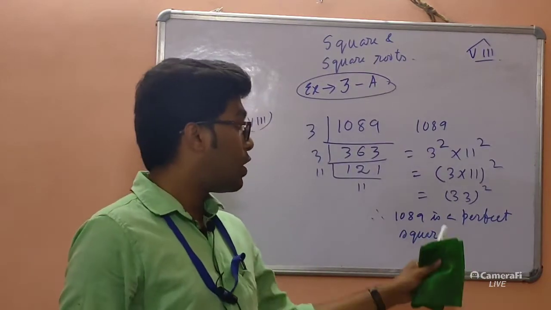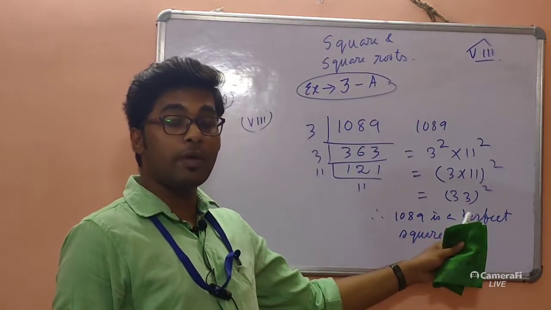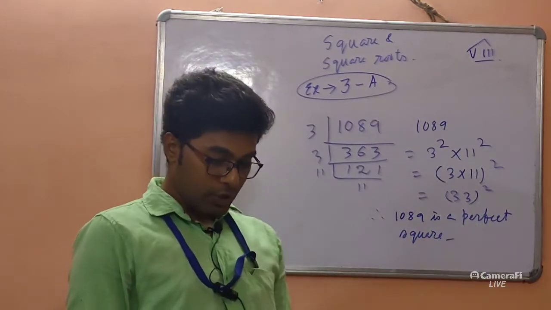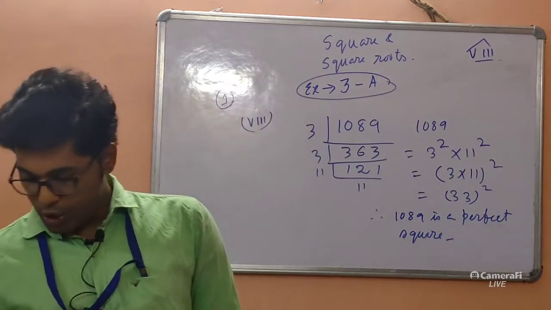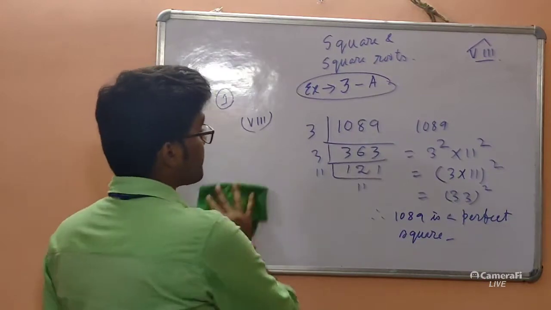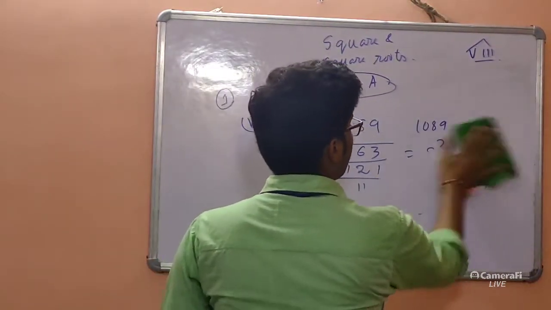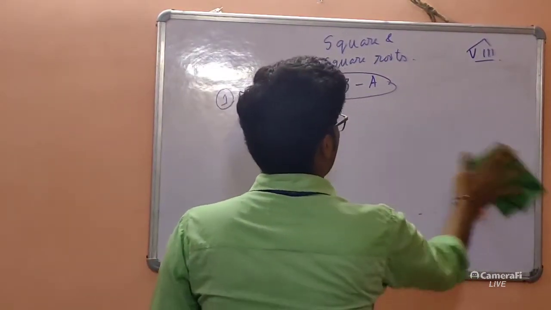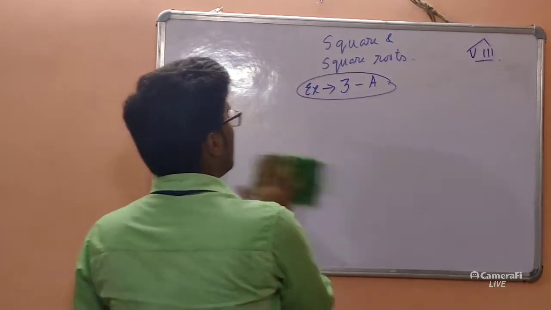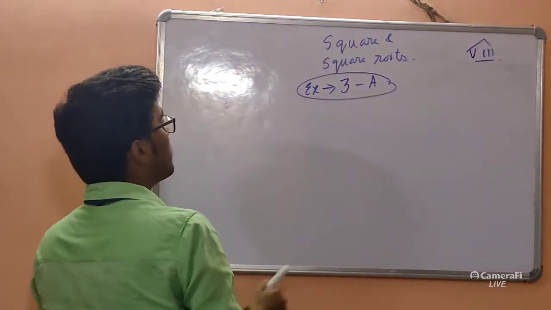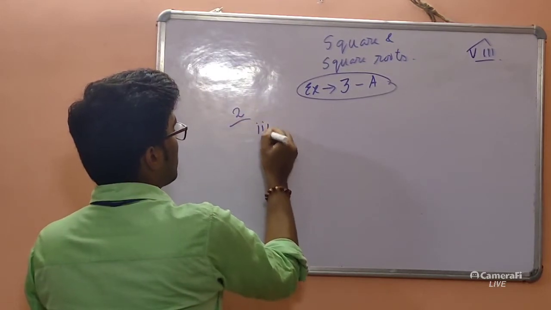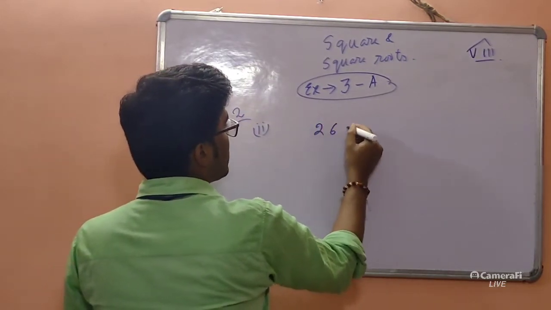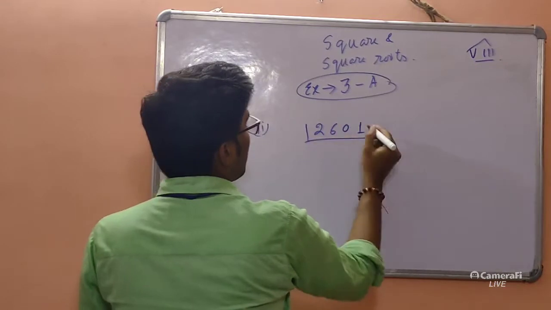As I was saying, from the next question onwards, we have to do up to this. Let us do question number 2. Suppose we are doing question 2, part 2: 2601. Let us do that. 2601.